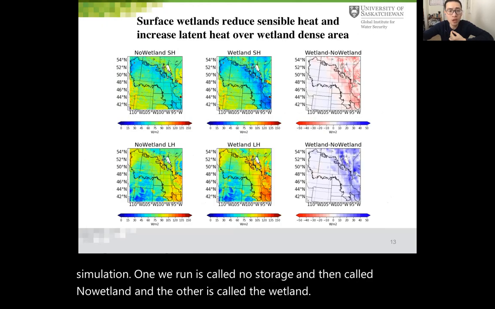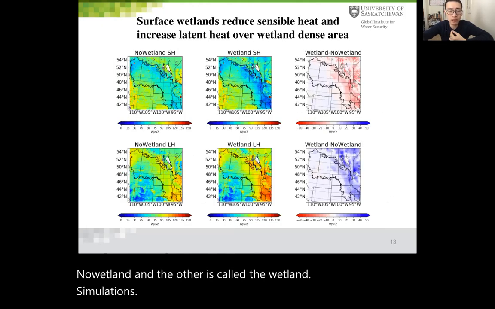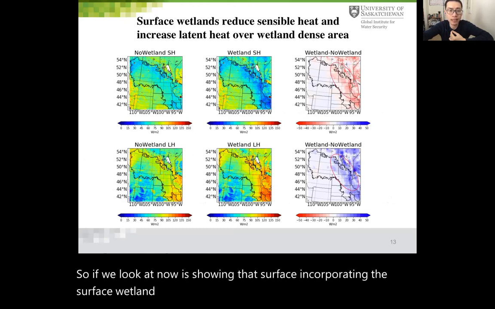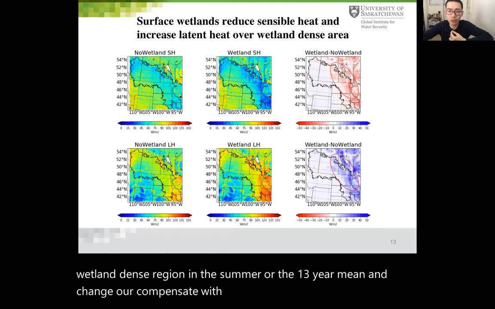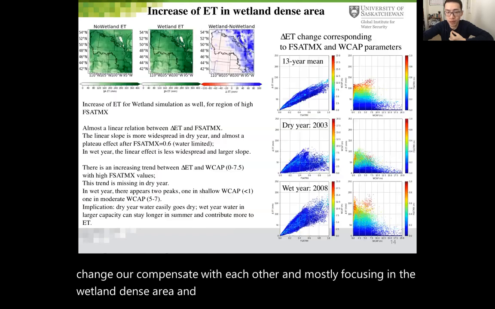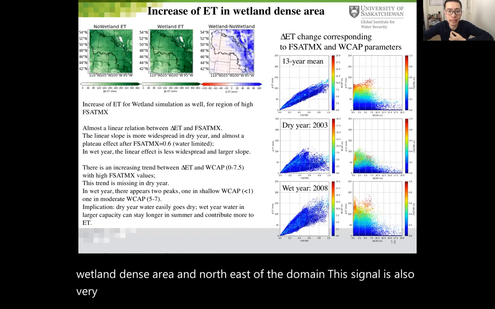If we look at the results, incorporating the surface wetland will reduce sensible heat and latent heat over the wetland dense region in the summer 13-year mean. The changes compensate each other and are mostly focused in the wetland dense area and the northeast of the domain. This signal is also very important for the increase of ET in the wetland dense region.